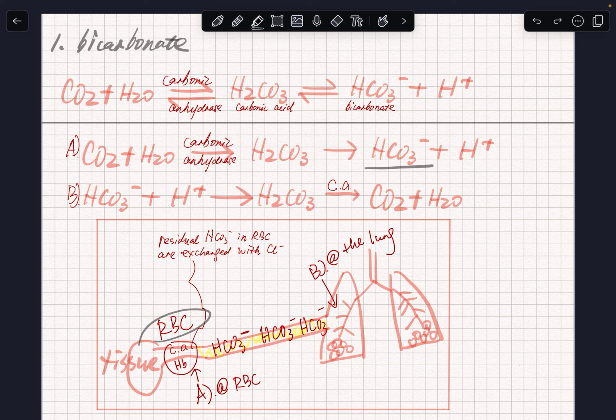If it's from your toe cells, then they travel all the way from your toe to your lung through the veins. Then in your lung, they reform CO2 again, and you exhale it. So it's in the lung that reaction B is happening. I hope that's clear. That's the pathway of how CO2 gets to the lung, and eventually you exhale, and then they get to the real beautiful world.